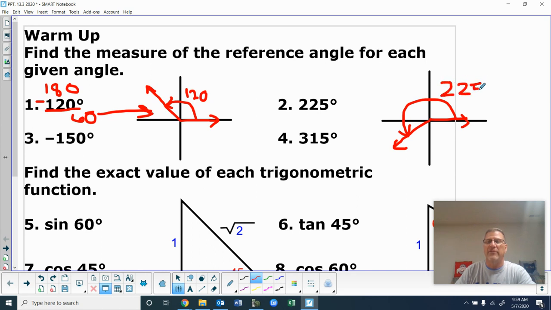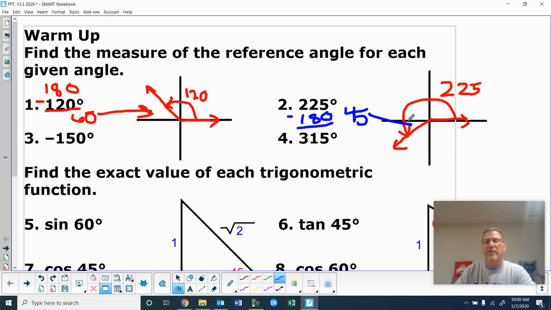Our reference angle, we'll do it in blue here, is this in here. It's always between that terminal side and the x-axis. So it's 225 minus 180 this time because we went past 180, and that's 45.